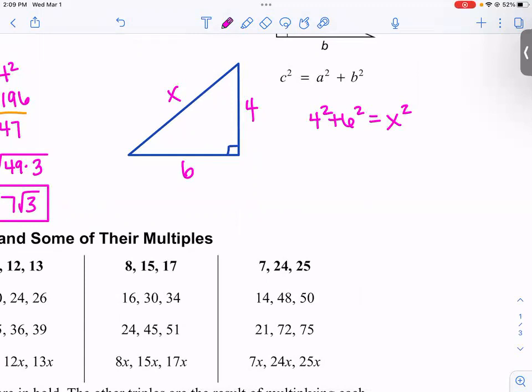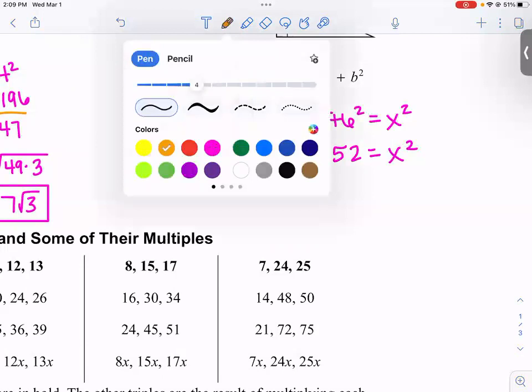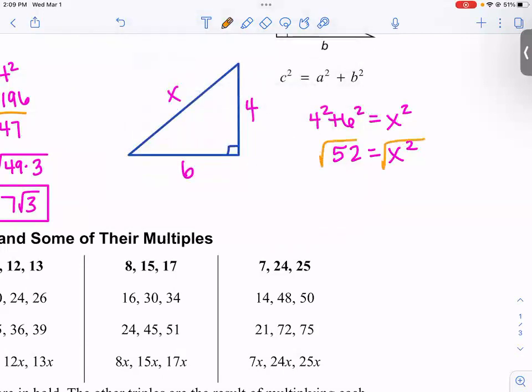What's 4 squared plus 6 squared? So we're going to take the square root of 52. Now, 52 is 4 times 13, so x is 2 radical 13.